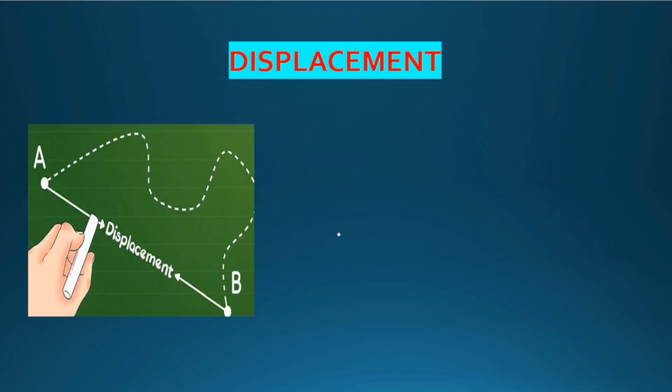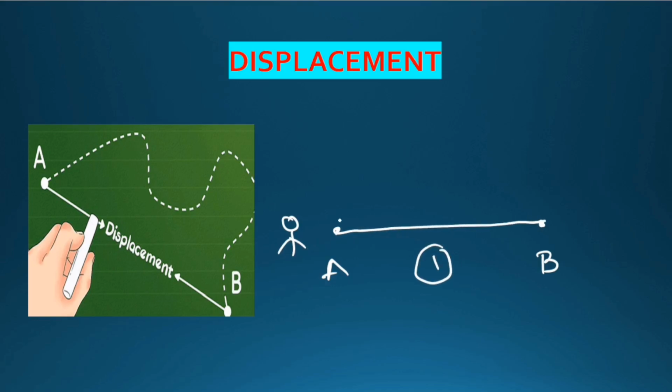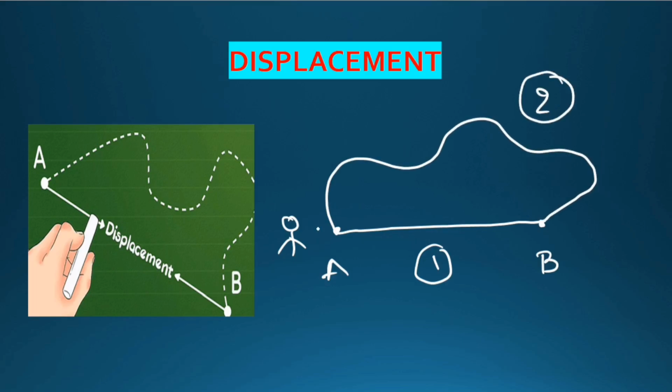Now coming to displacement. Here I am considering two points A and B. A person wants to reach from A to B. Here, consider two paths, first path and second path. Now, he can choose either path 1 or 2. See here, which is the longest path?